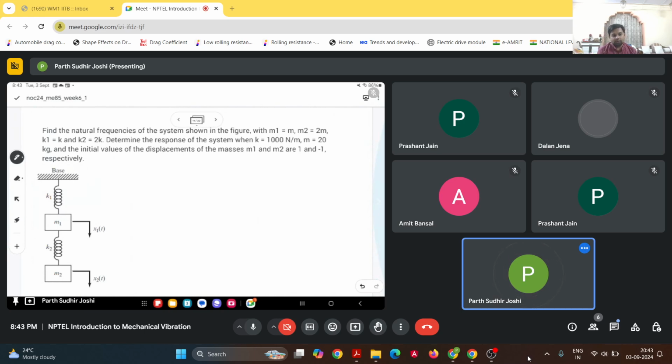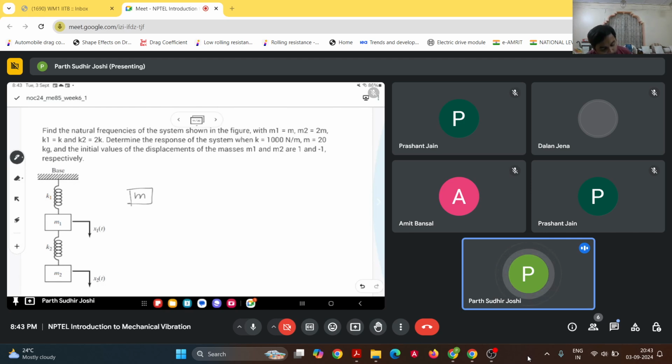Hopefully the earlier explanation helps you understand the general method. Here we start the same way: the two degrees of freedom are already indicated, x1 and x2, and the base is fixed. So we will directly draw the free body diagram of the system.